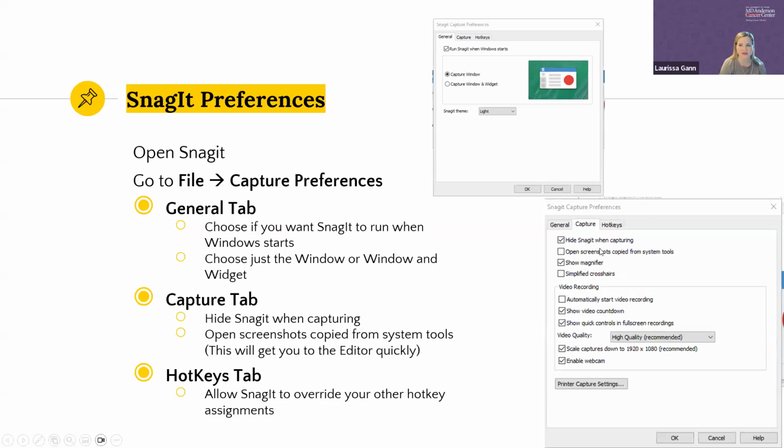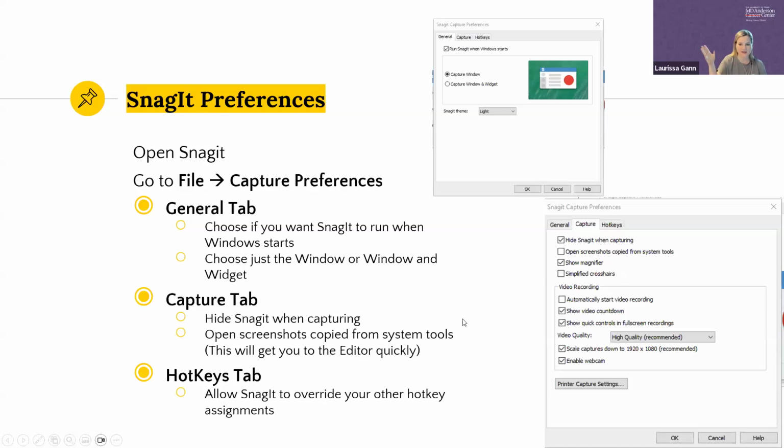Under the capture tab, you can hide the Snagit window when capturing. That's the default, but sometimes you need to show the Snagit window. Just be aware if you need your Snagit screen to show, you can have that option there. And then you can have it open your screenshots in the editor quickly. That's a big advantage to me.